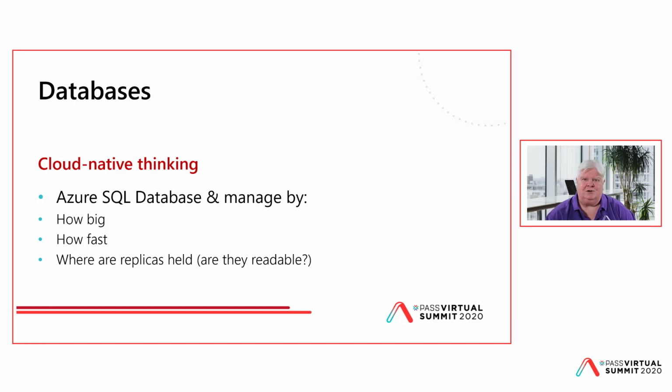These are the types of words I want to use. I don't want to use words like, how do I configure an availability group? What sort of network connections and things do I need between the servers and so on? How do I work all of that sort of layers of stuff out?